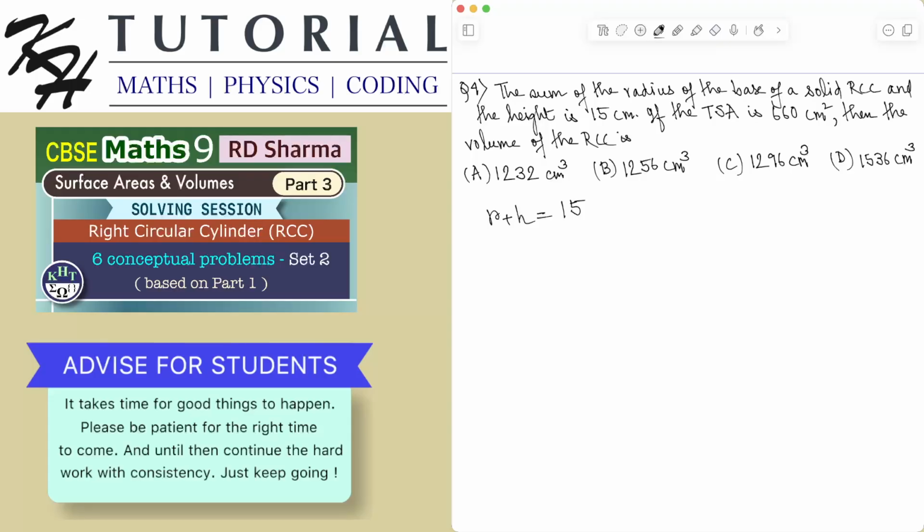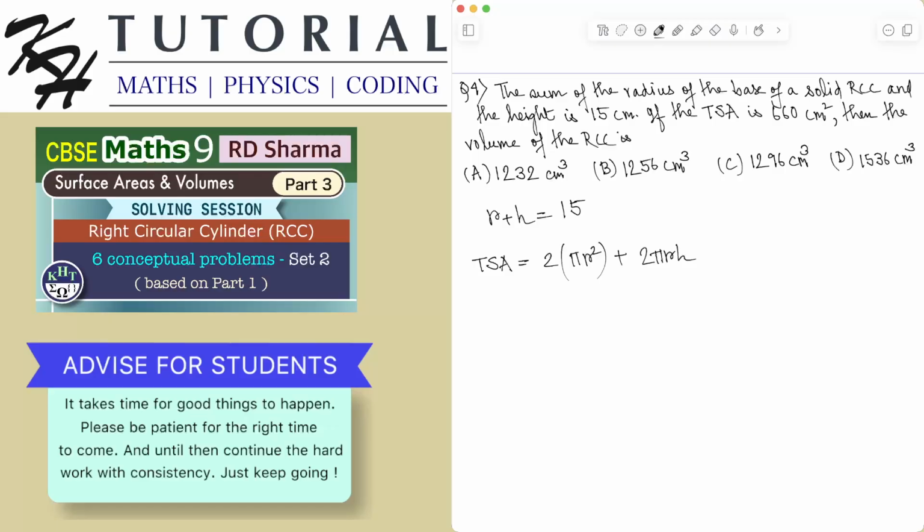Now if the TSA, the total surface area, is 660 centimeter square, then what is the volume of the RCC? What is TSA? Total surface area: the area of the two bases, 2 into pi r square, plus the lateral surface area, which is 2 pi r h.